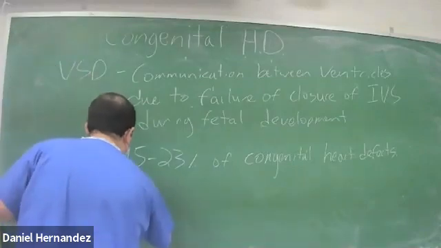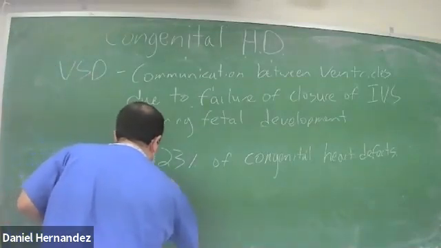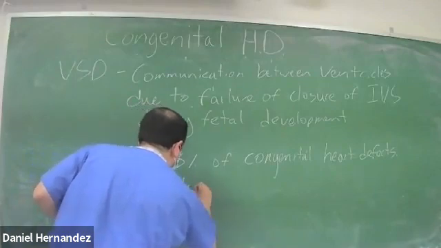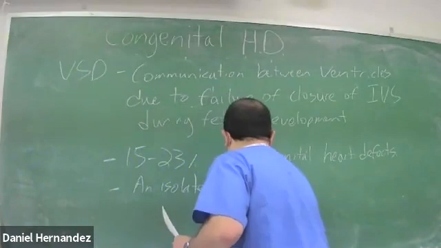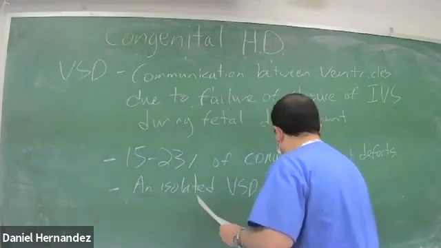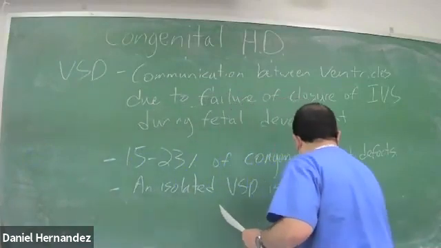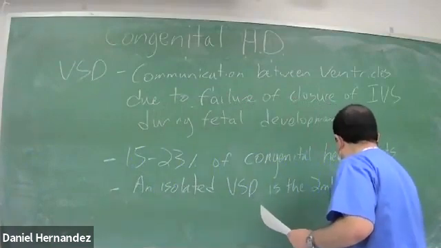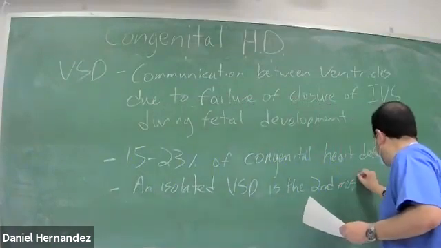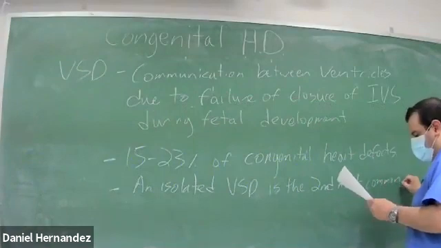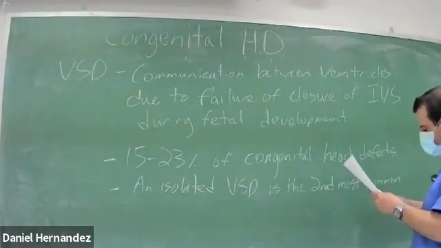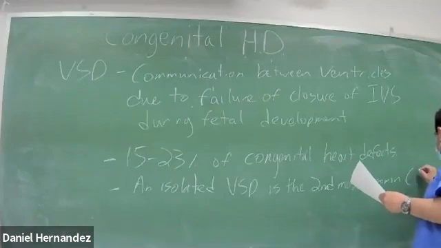So, an isolated VSD is the second most common congenital heart defect.